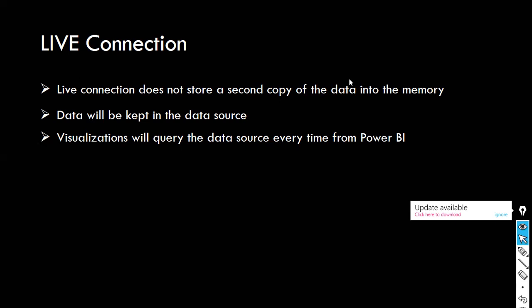And if you want to centralize the logic, measures, and metadata management, you can better go for live connection. You will also have a single point of control, and you can maintain a single version of the truth.